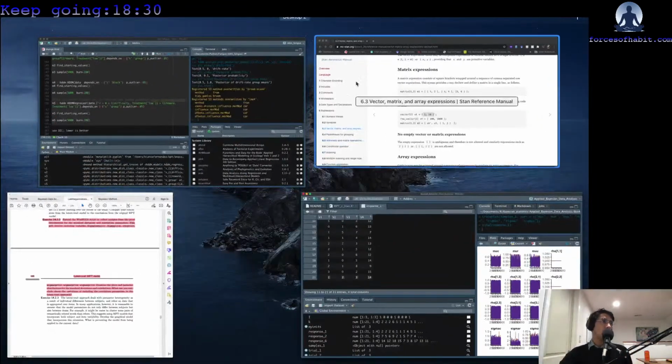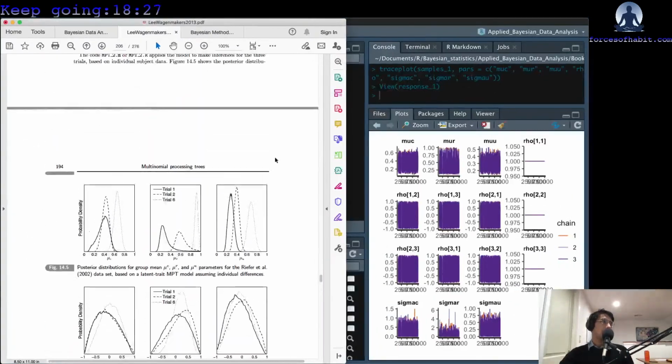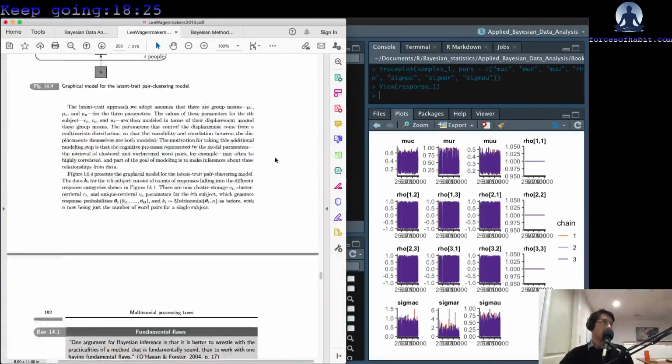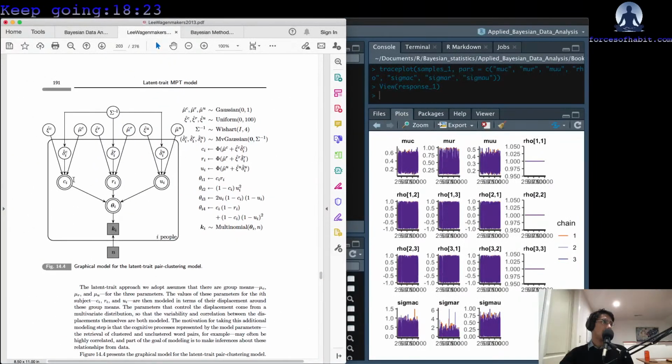But what we would do, graphically speaking, would be to give each of these a J. So we'd have Cij, so C for the individual subject for an item pair, right? I think.